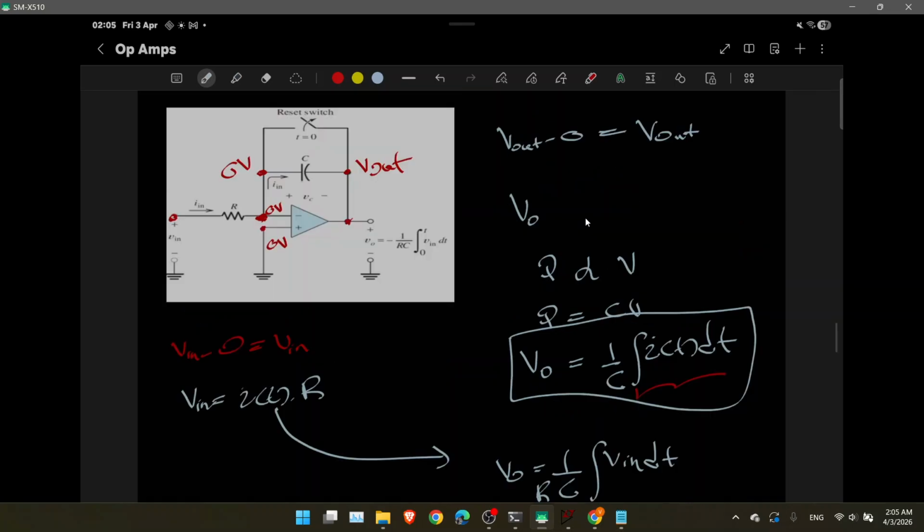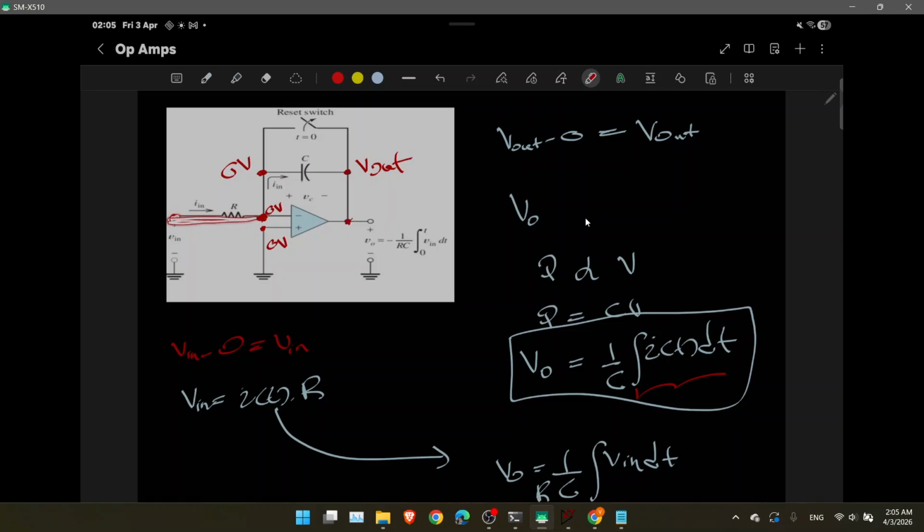Actually, when I'm getting the out here, I just considered the voltage difference as the out. But actually we know that the current flows like this. This is the path of current flowing. So this is V in.